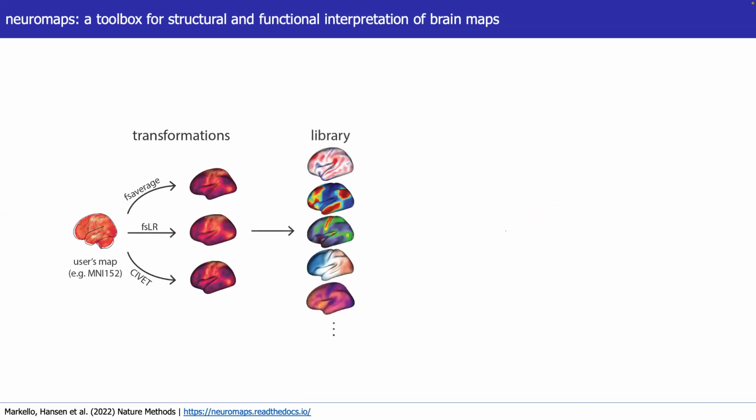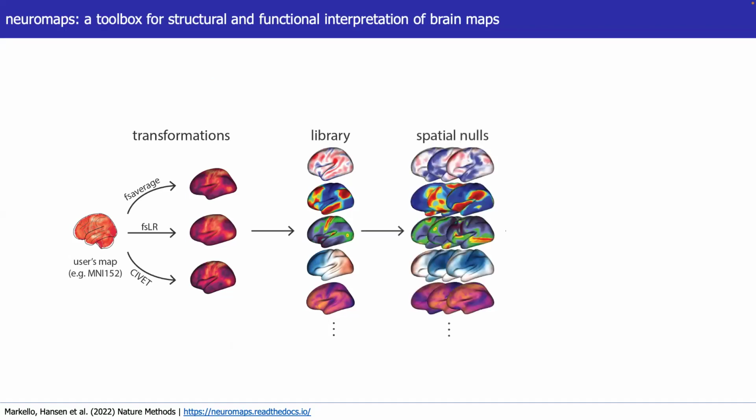We have a curated library of different measures of brain structure and function, all in their native space, so that you can do these comparisons. And finally, we provide a suite of rigorous statistical tests that are null models for spatial correlations, which take into account spatial autocorrelation in brain maps. I'll talk about that in a minute.